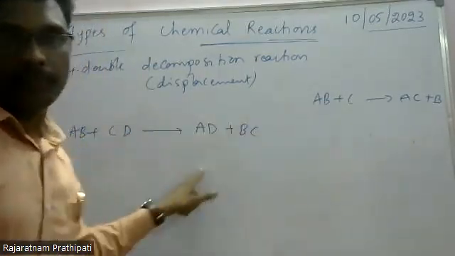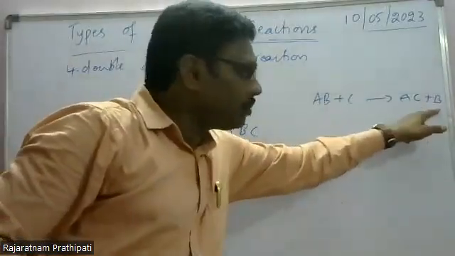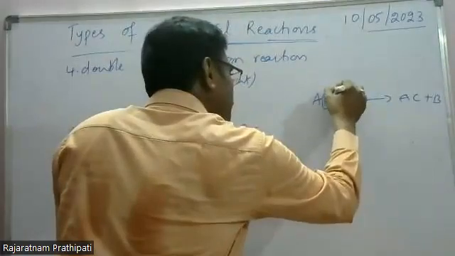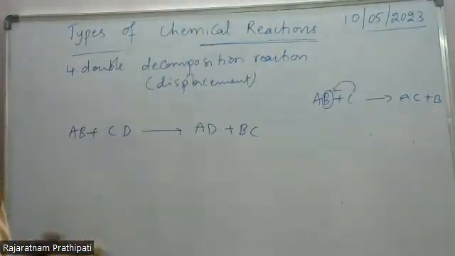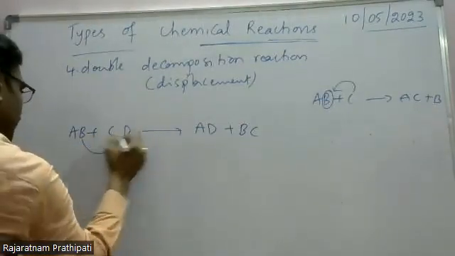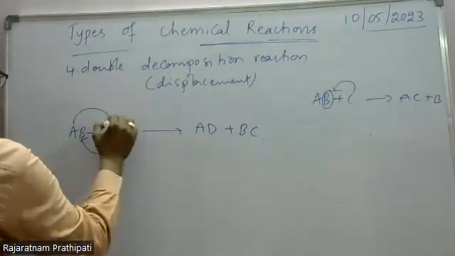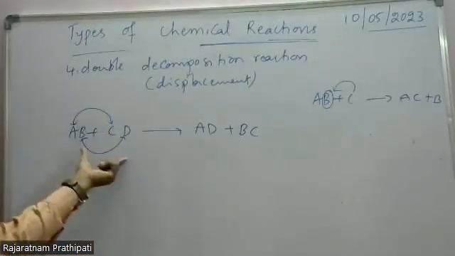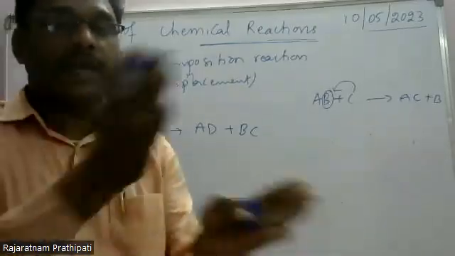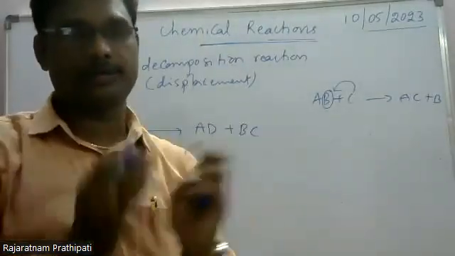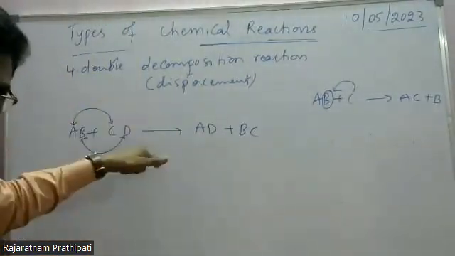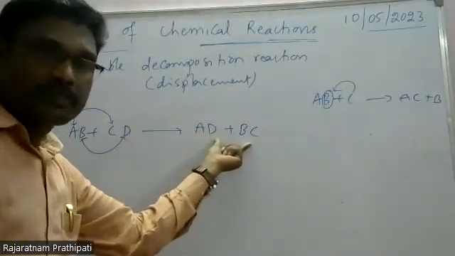Observe these two. Here AB plus C gives rise to AC plus B, which means only B is displaced by C. But in this case, B is displaced by D and C is displaced by A. Here two compounds exchange their radicals, their ions, to form two new substances.